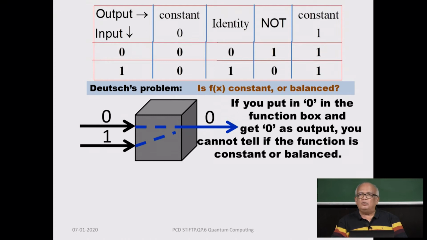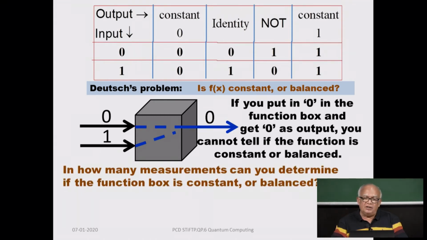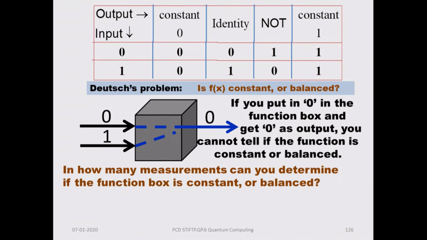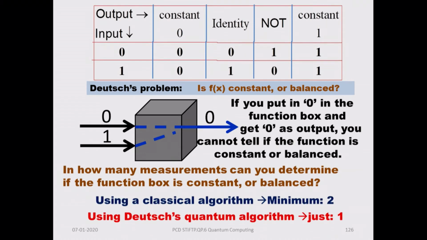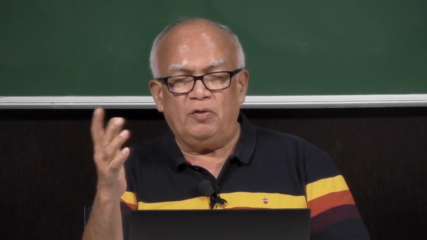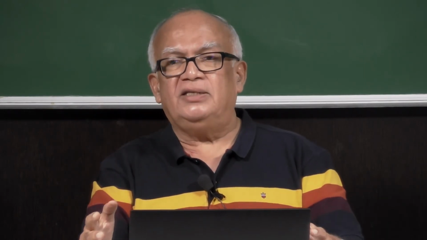So, you need to carry out some additional operation, and in the classical logic gates, if you were to use classical logic gates, you would need a minimum of 2 operations, 2 steps, whereas using the Deutsch quantum algorithm, you can do it in 1 step. So, do not worry about whether this problem is of interest to you at this point or not.